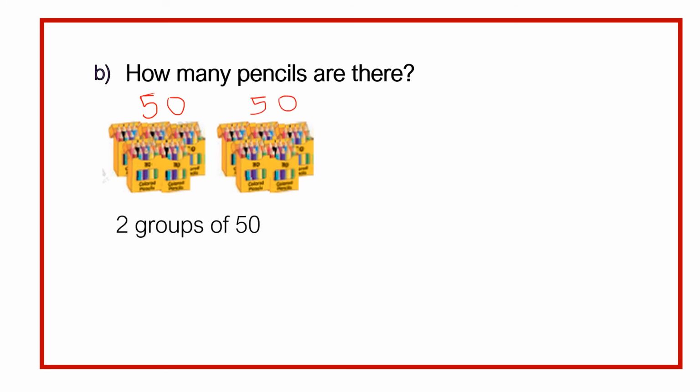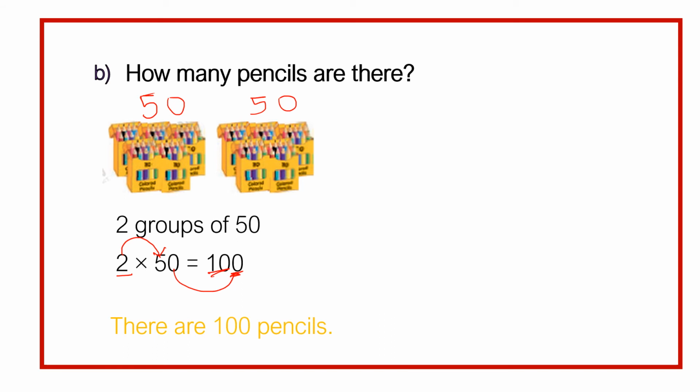Okay, so those are 2 groups of 50. 2 groups of 50 means 2 times 50, and 2 times 50 will give us 100. You simply have 2 times 5 equals 10. Then we bring a 0 in the ones place, so we come up with 100. Okay?